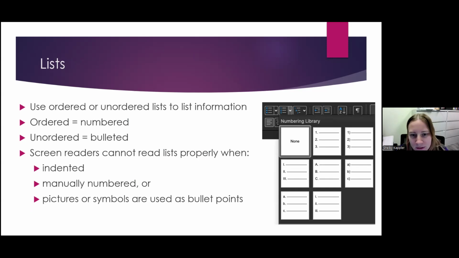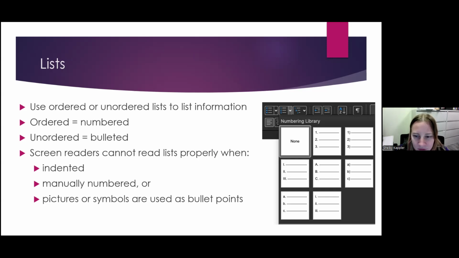Lists are something else we may encounter in our documents. So it's best to use either ordered or unordered lists, again, that you'll find in the Microsoft Word menus. Ordered lists are numbered lists, and unordered are bulleted lists. So screen readers are able to read lists, and they can also jump from list to list if you have multiple lists in a document.